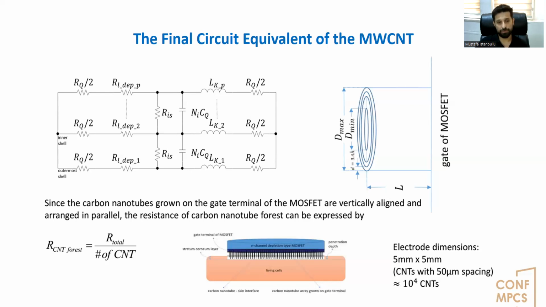Here, the dimensions of the gate terminal of the electrode are 5 by 5 millimeters, and each carbon nanotube is grown with 50 micrometer spacing, so that the total number of carbon nanotubes for an electrode is approximately 10 to the power of 4. Thus, the interface resistance of the carbon nanotubes is extremely reduced in the overall electrode model.